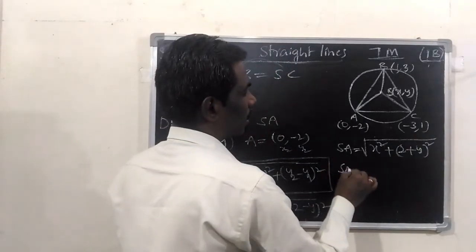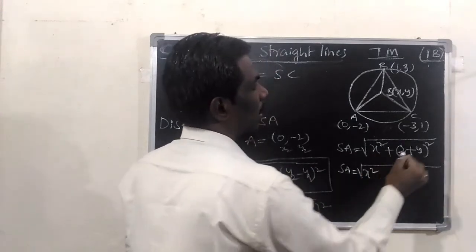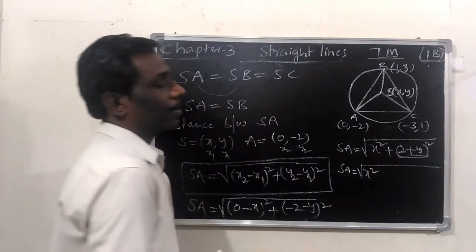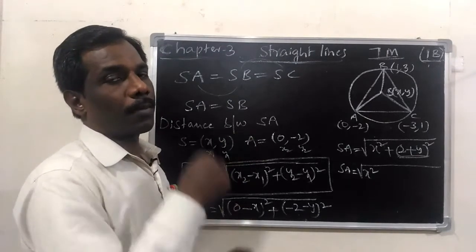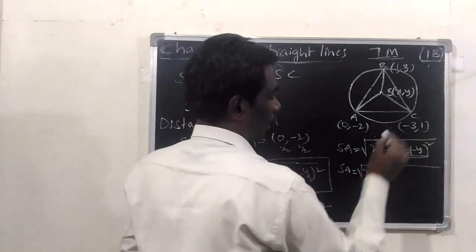So write SA is equal to under root of x square as it is, and expand 2 plus y whole square, the formula of a plus b whole square. So a is 2 and b is y.